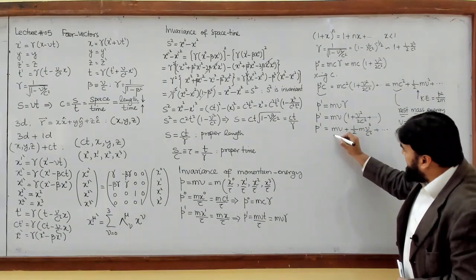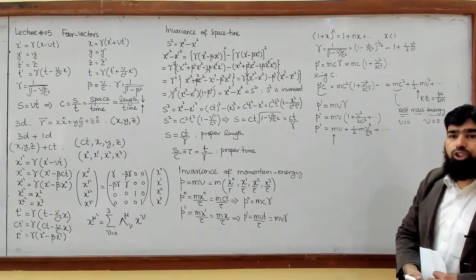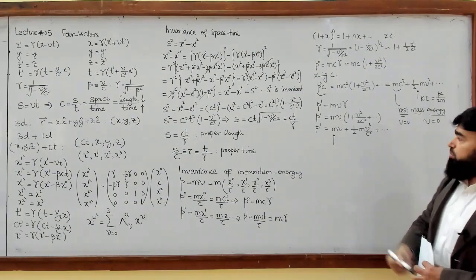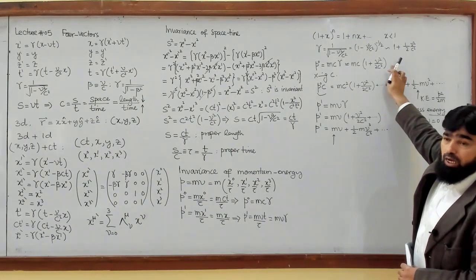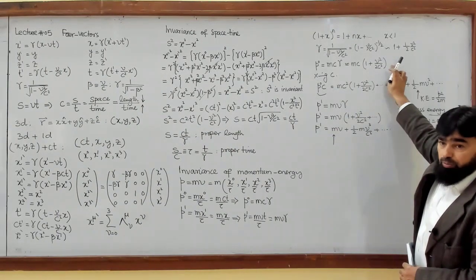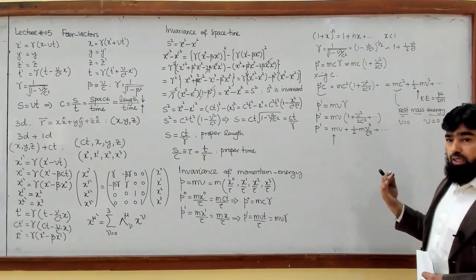Now we know that this is the momentum which is for the general speed as well, because in all these calculations what we are considering is the Lorentz transformation. Lorentz transformation is for very, very high speeds.